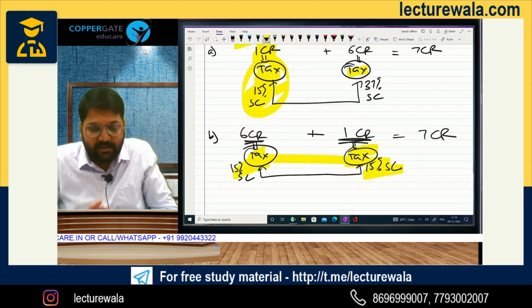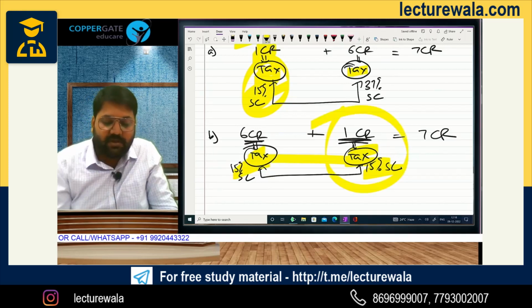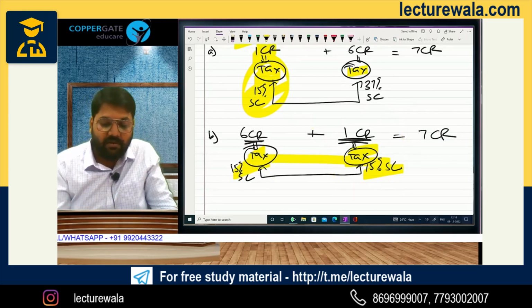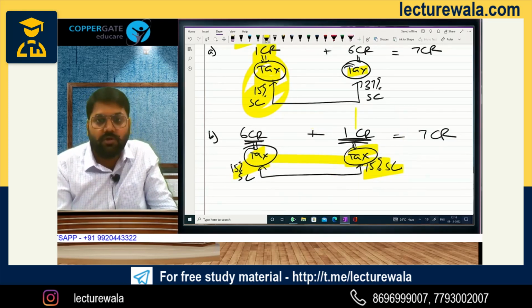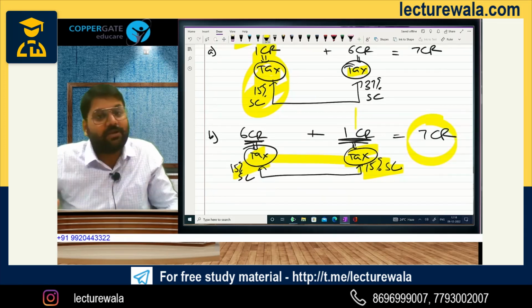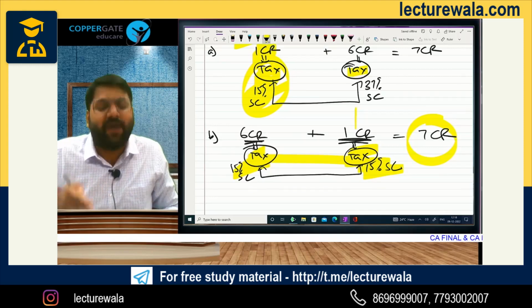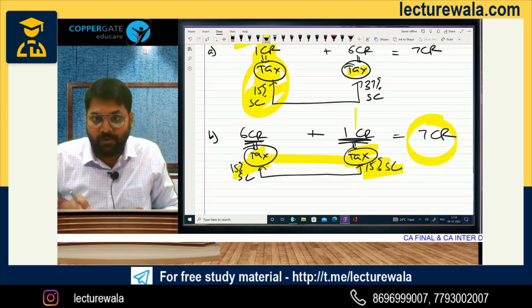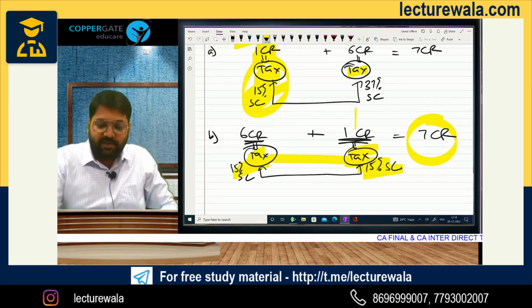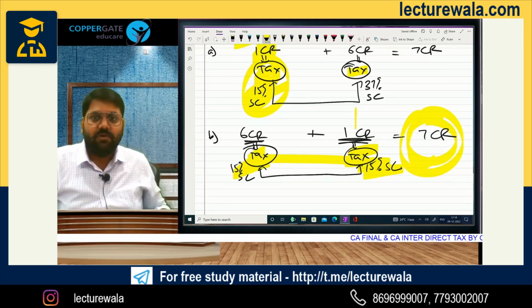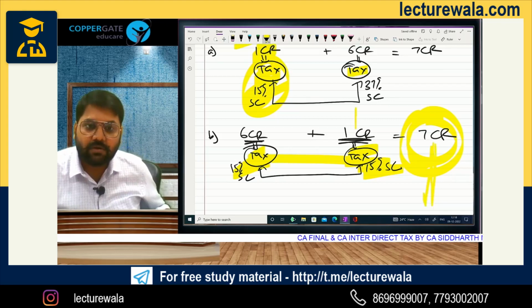And by the way, some people get confused. Sir, this will be equal to 1 crore. If this was 1 rupee also, it will still be 15 because the total has already crossed 1 crore. We are deciding whether 25 and 37 will be applicable or not. 15 has applied. If the total was less than 1 crore, then the discussion is not going to happen. Is the total more than 1 crore?